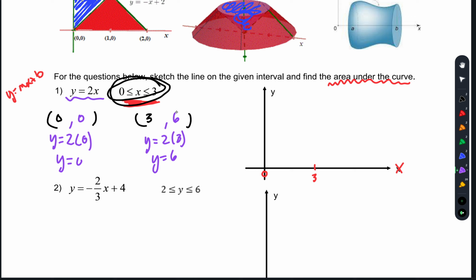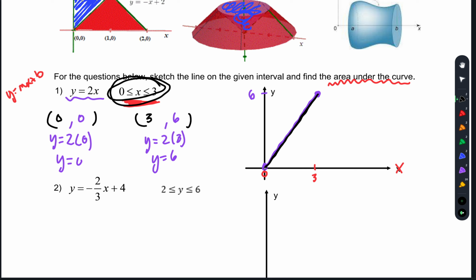So when I put these into my graph, I have (0, 0), and then let's get a point 6 over there. So we have (3, 6). And then if I connect those 2 points up, right there, there's my line, y equals 2x. That's all we're going to do for graphing the lines for these problems. Does that make sense how I got those?